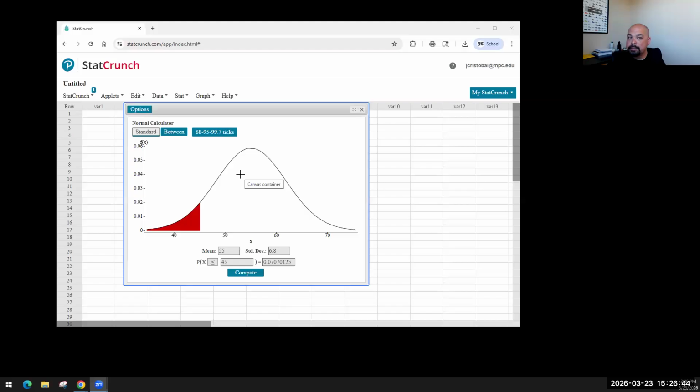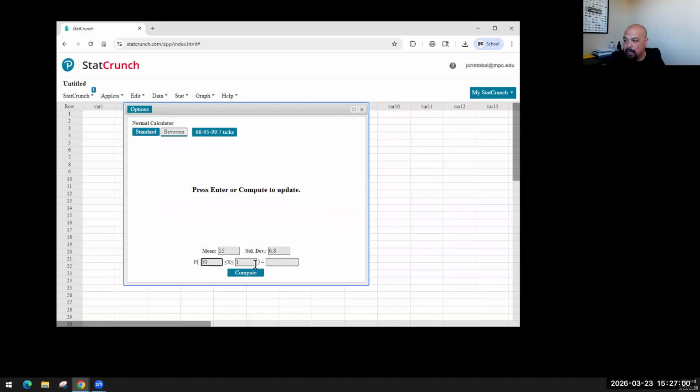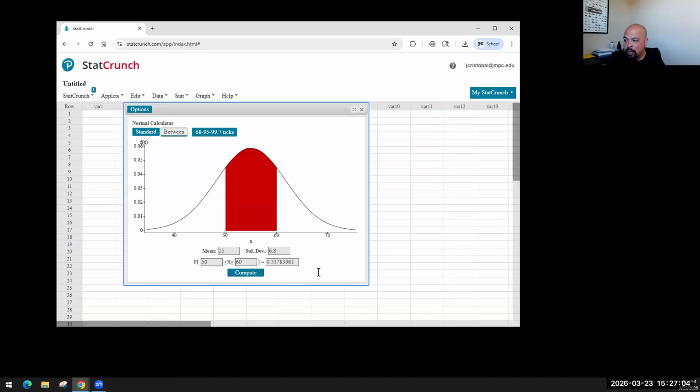Here is our last problem coming up. Okay? So here's our last problem. Now, I want to be between, mean 55, standard deviation 6.8. We want to be between 50 and 60 pounds of trash, right? Computing there. There's our long decimal.